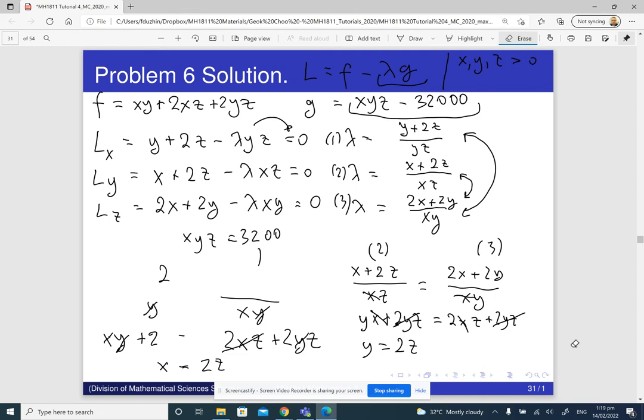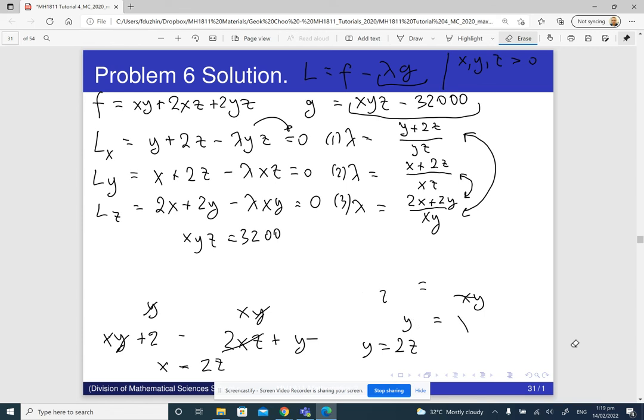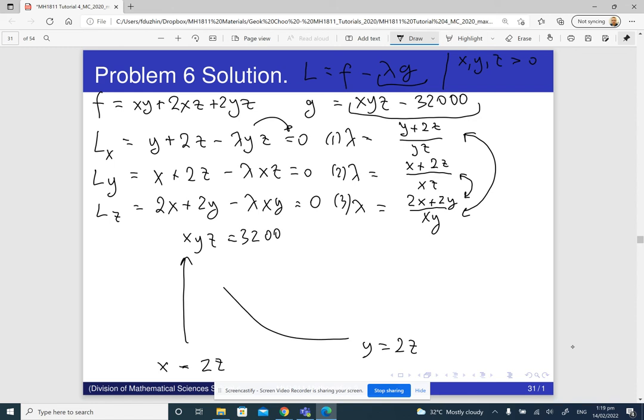Now the first three equations that looked incredibly complicated at first actually boiled down to some very simple relations. These simple relations are just x equals 2z and y equals 2z. Now we can plug it into the third equation. So x is 2z times y is also 2z times z equals 32,000, right?